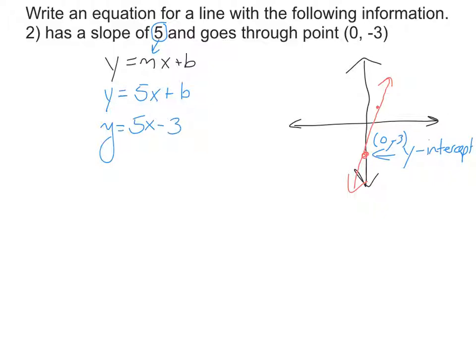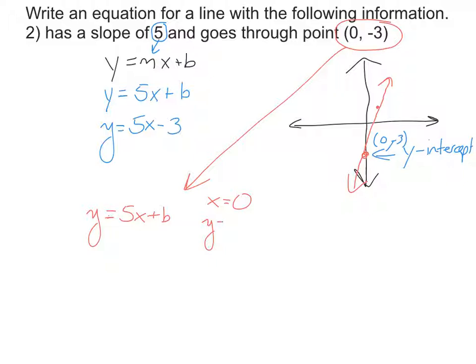How about we look at another way to do this? If I know that I have y equals 5x plus b, the only thing I want to know is, what is b? Well, I have this information right here to help. I know that x is 0, and when x is 0, my y value is -3. So if we plug this information in, we'll be able to figure out what b equals.